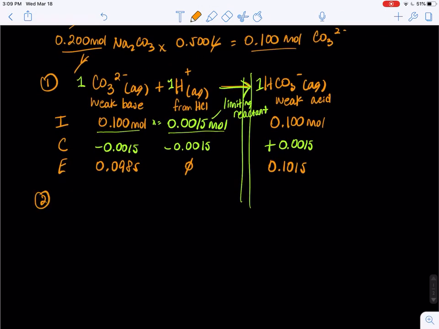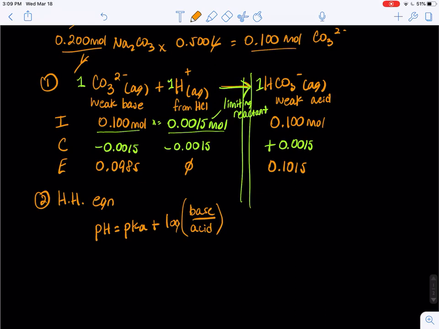Now what we want to do here is use the Henderson-Hasselbalch equation. So the pH is equal to the pKa plus log of the base over the acid. Okay, and which one's the base, which one's the acid, right?